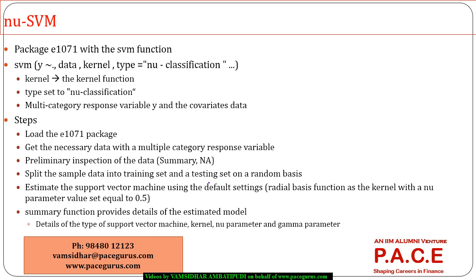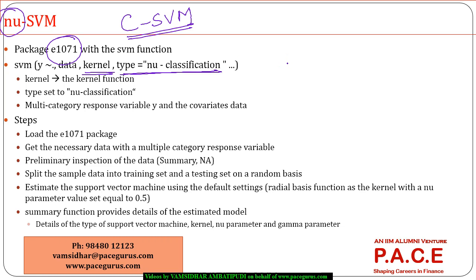Now, on the same lines, just like the way we have used the C-SVM algorithm, now we can use the Nu-SVM algorithm. Even that is used using the e1071 package itself. The only difference being in the kernels, again you can play around with all the kernels.